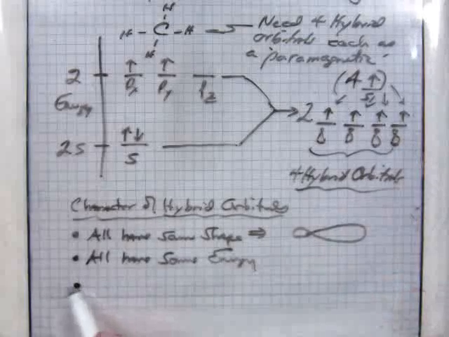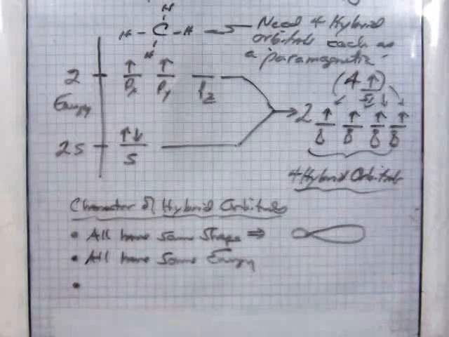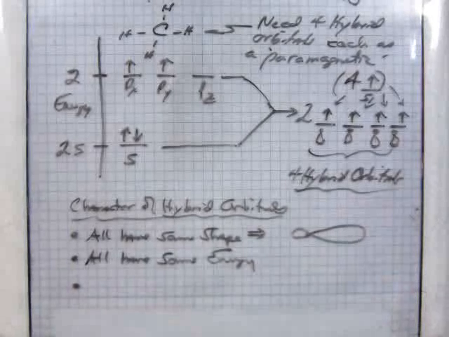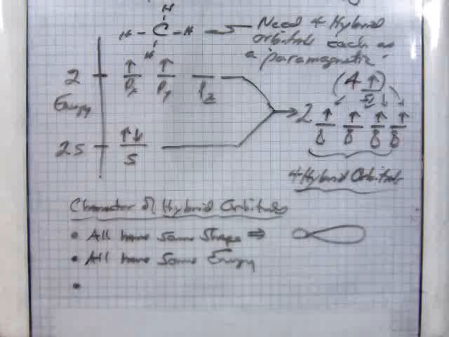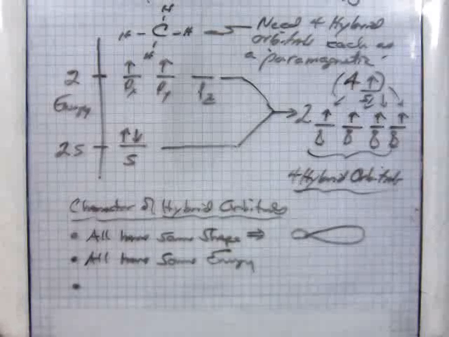Now, the orbitals can be empty, contain 1 electron, or a maximum of 2 electrons.